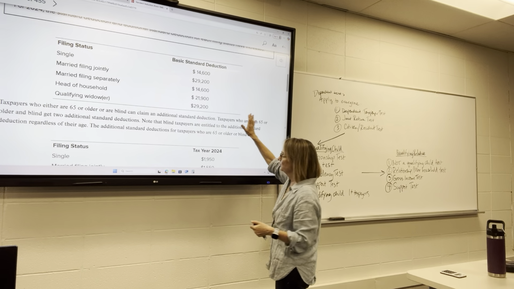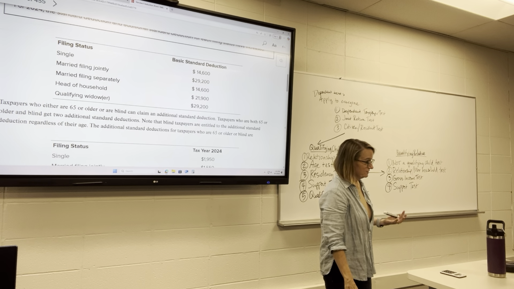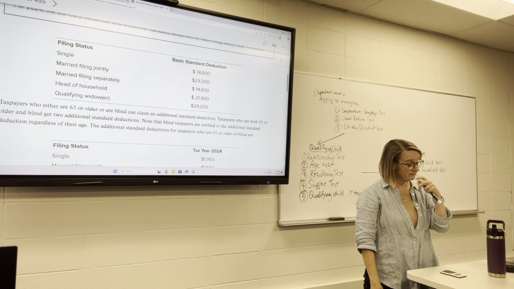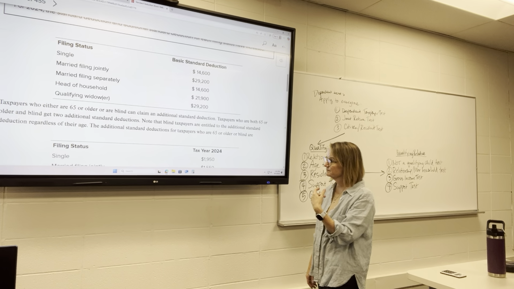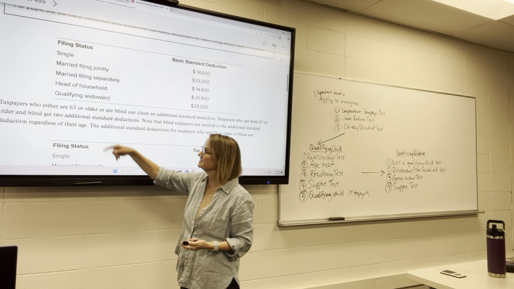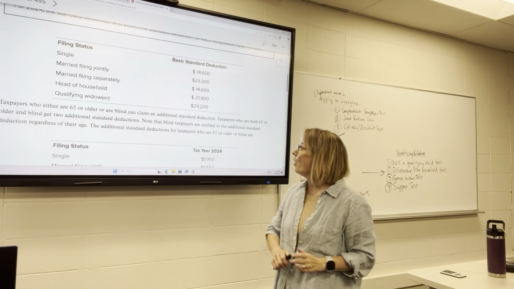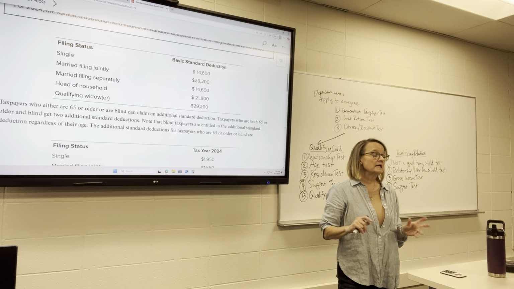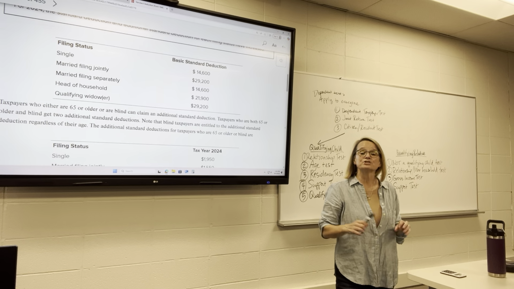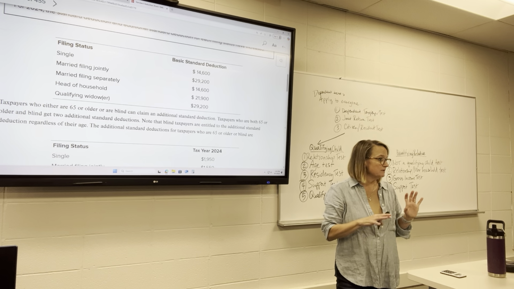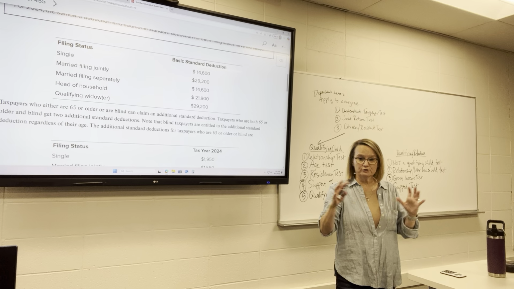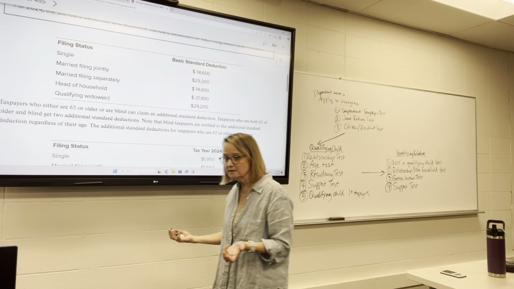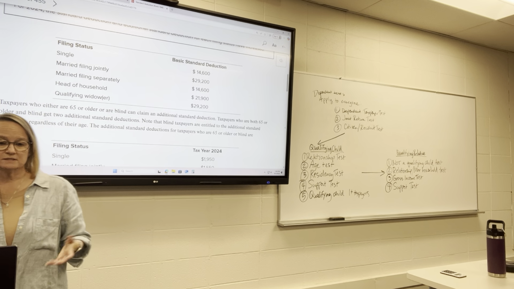You're probably familiar with what those are, but there is an additional standard deduction. So there's an amount that certain individuals receive if they qualify, if they meet qualifications. Taxpayers who are 65 or older, or who are blind, or both, can claim an additional standard deduction. I don't know why blind is given preferred status in the tax code as opposed to other disabilities, but for some reason it's blind.